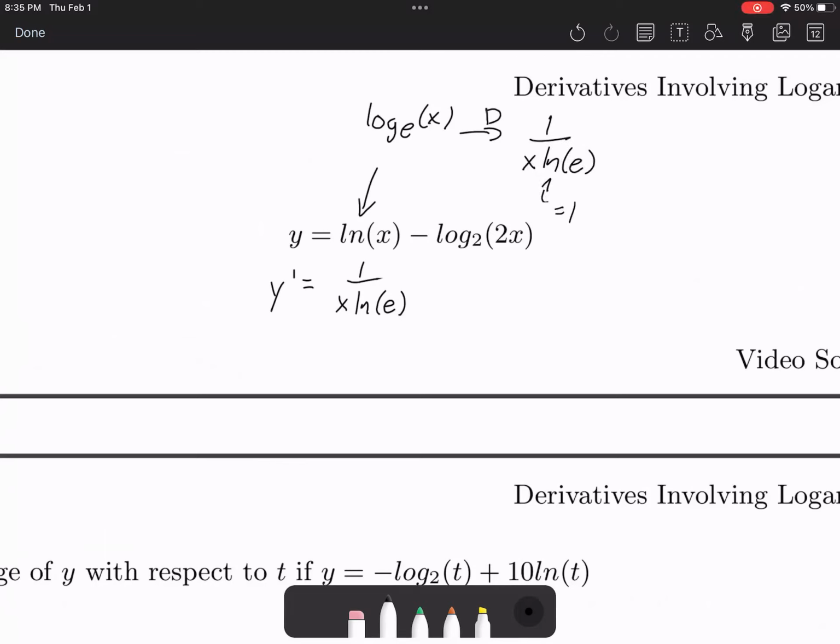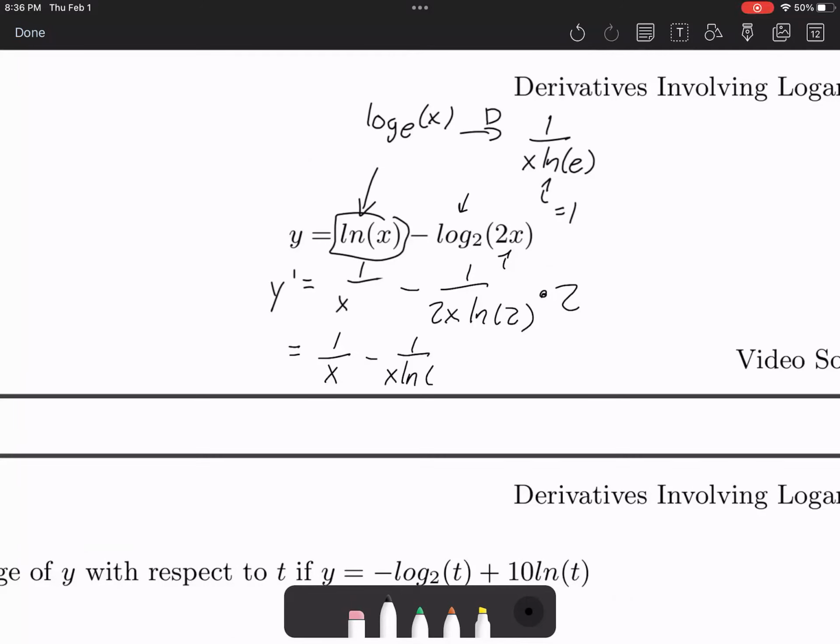So that's why natural log of x just differentiates to 1 over x. And this term will differentiate to 1 over 2x natural log 2, but then multiplied by 2 because that's the derivative of the inside. So cleaning this up, we get 1 over x minus 1 over x natural log 2.